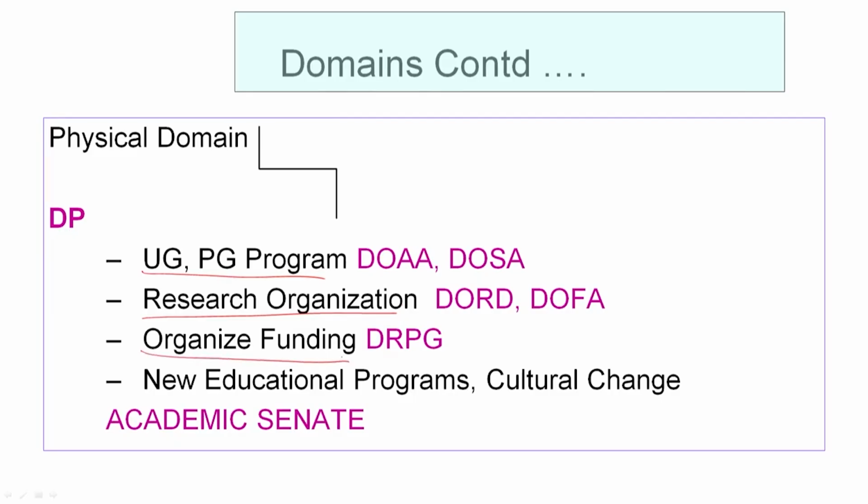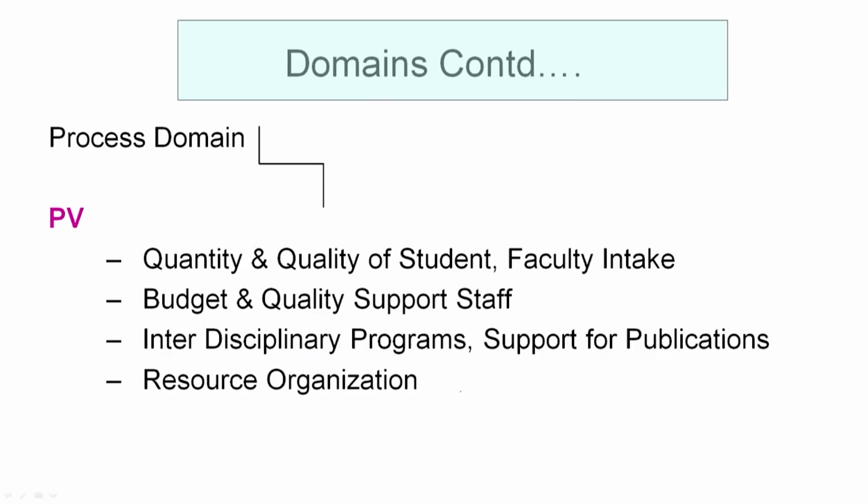So, you must have an institute for that, which we call the Dean of Resource Planning and Generation. And then you must have new educational programs, cultural changes, exchanges, academic synods. So, these are all the design solutions to build up that particular customer satisfaction in the design domain.